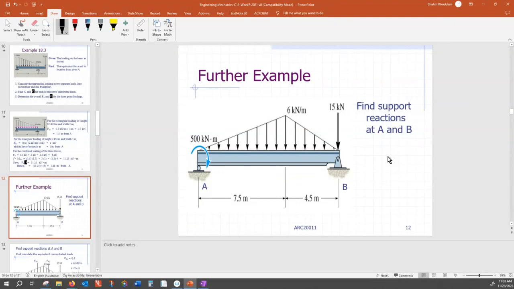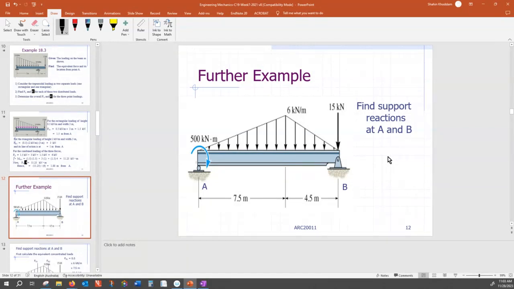Well, we got two rectangles, two distributed loads. We need to simplify them to a point load and line of action. Once you have that, the two point loads can be merged together with one single resultant, one single line of action, and then you end up with a simple beam, and with the free body diagram you find the reaction. These are the steps.